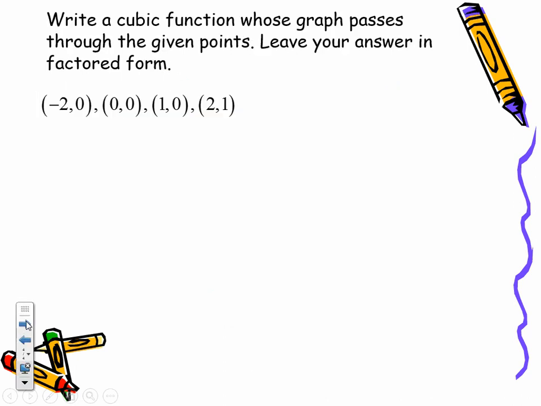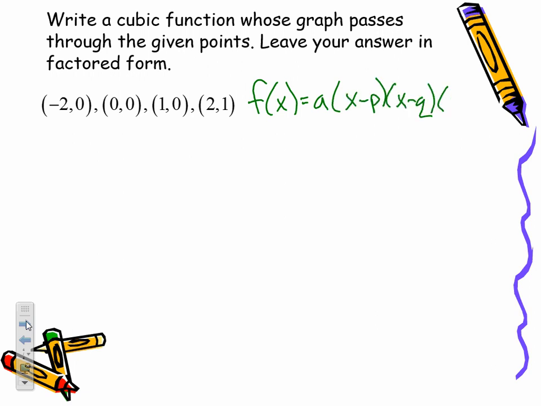Moving on, next problem. We have the exact same thing, except for now I just give you points that our graph goes through instead of our actual equation. Or excuse me, instead of the actual graph. So I have f of x equals a, x minus p, x minus q, x minus r.